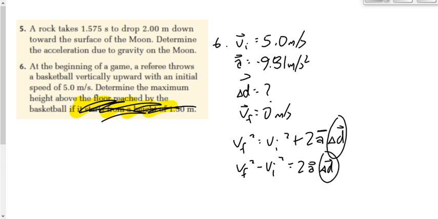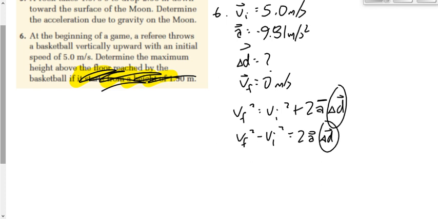Now get rid of what is attached to the delta D. Yep, 2 times A, good. So VF squared minus VI squared over 2 times A is equal to delta D.